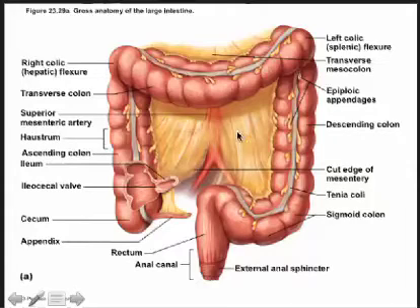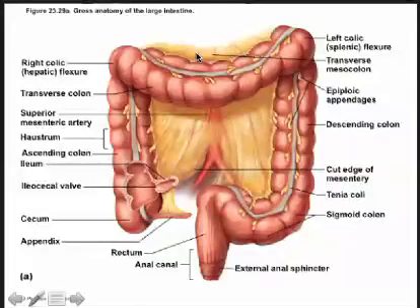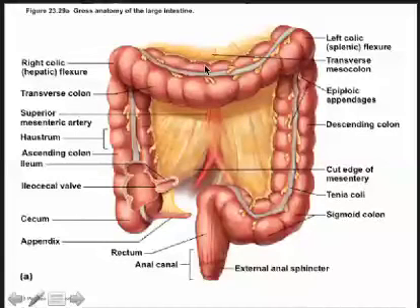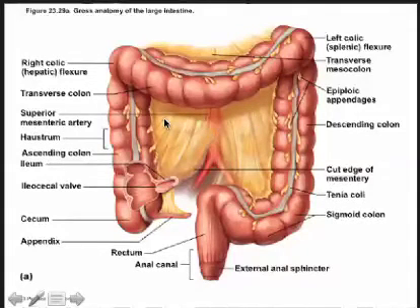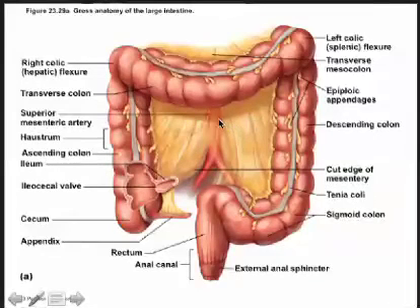A lot of the large intestine is held in place by mesentery. This is the transverse mesocolon here. It's a type of mesentery that suspends the transverse colon, and the superior mesenteric artery you can see here is what supplies oxygen and nutrients to this connective tissue.